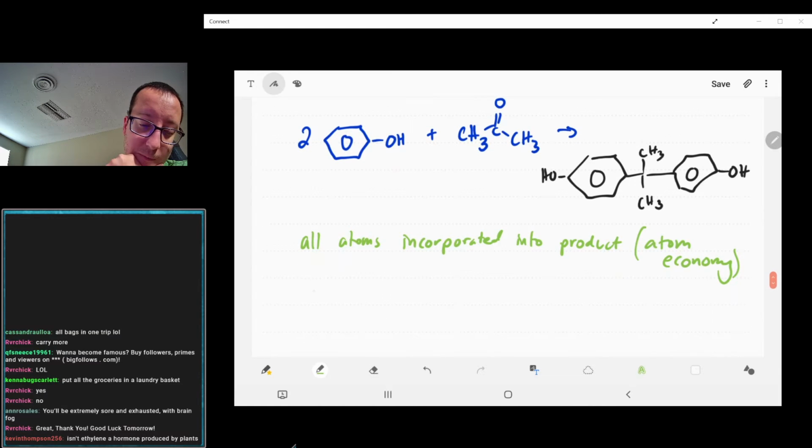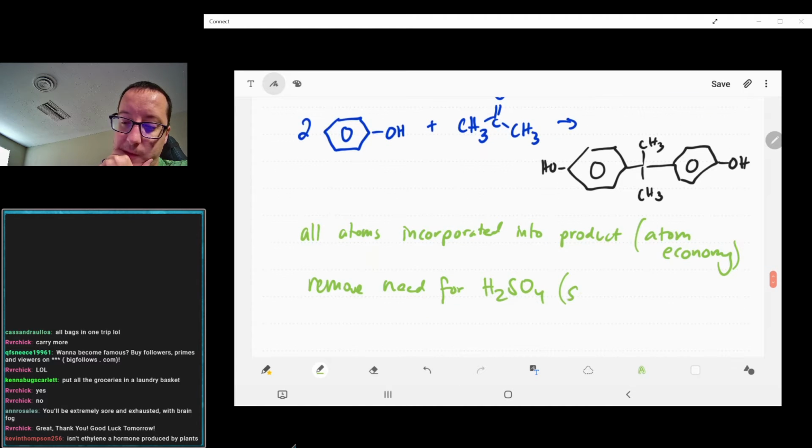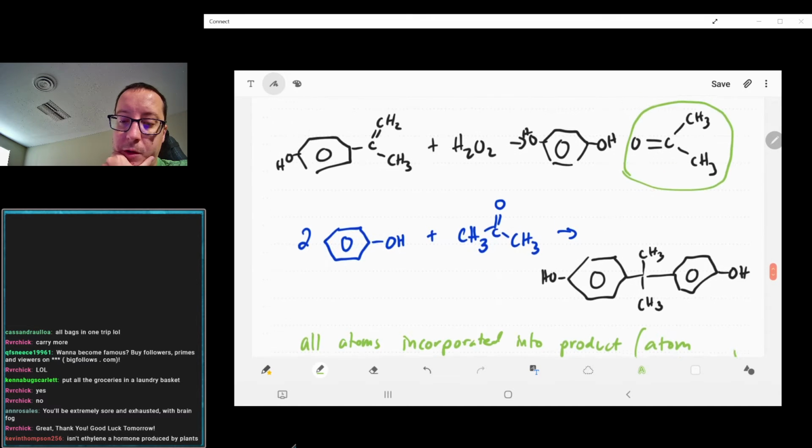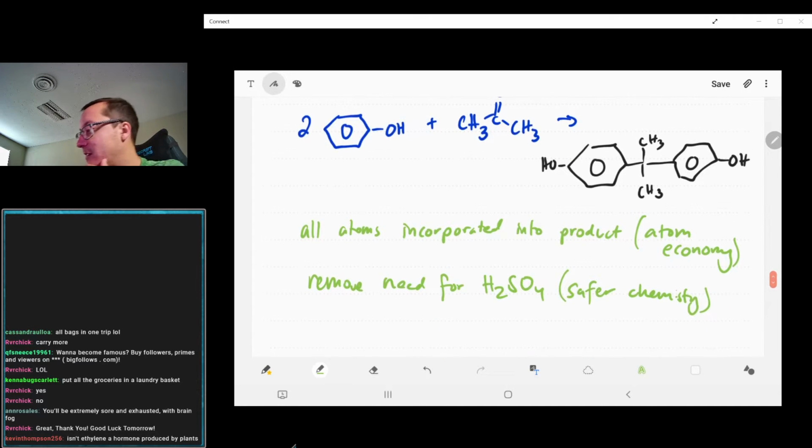We remove the need for sulfuric acid. That's just going to be safer chemistry. Overall, this is going to be a designed, what did we say, less hazardous synthesis.